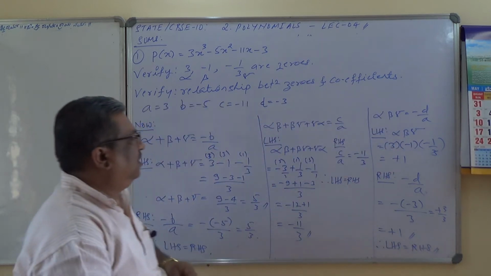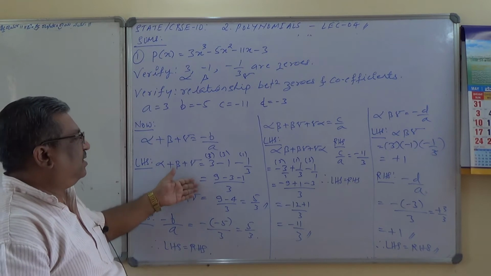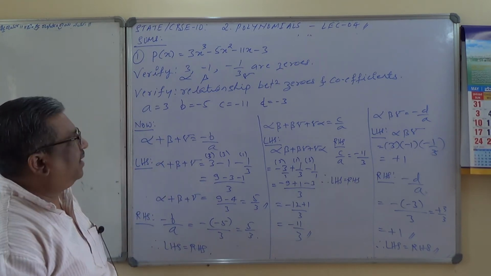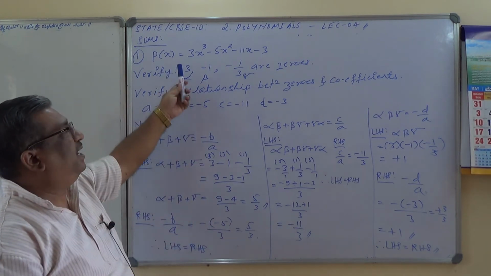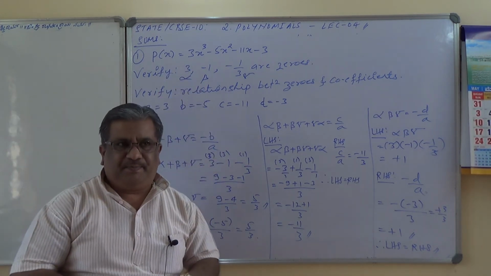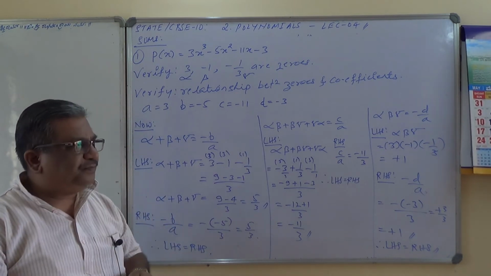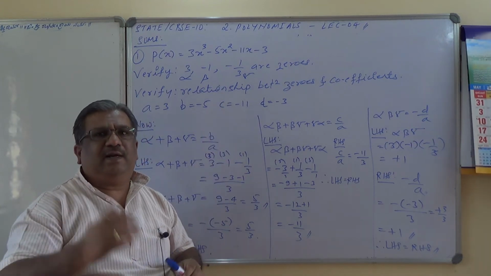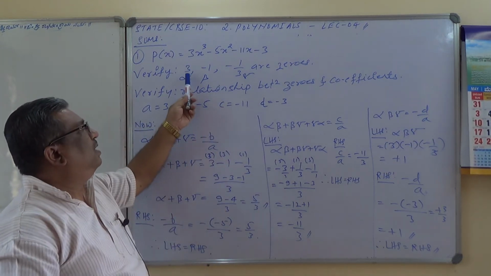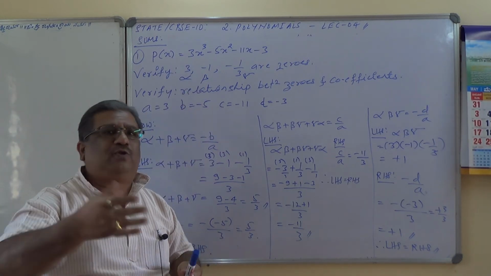I hope you have understood. So this is how we can verify the relationship between coefficients and the roots. Many times in a cubic polynomial, please remember, finding out the roots is very difficult. So most of the time they will give the roots to you, or they generally give you some numbers and ask you to verify whether these are roots or not.